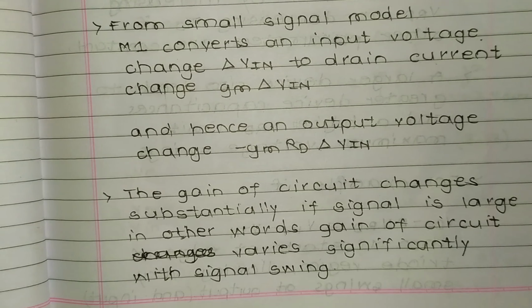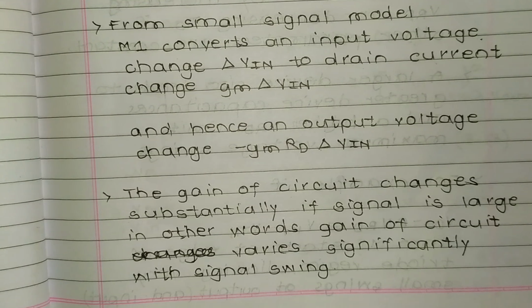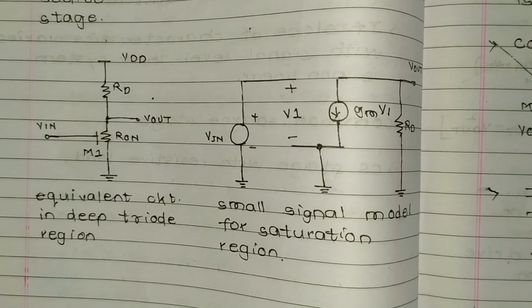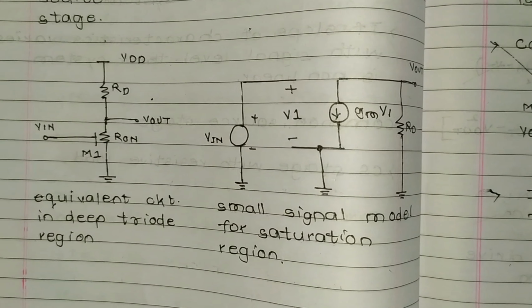The gain of the circuit changes substantially if the signal is large. In other words, the gain of the circuit varies significantly with signal swing. So we will see that circuit now, the small signal model for the saturation region.